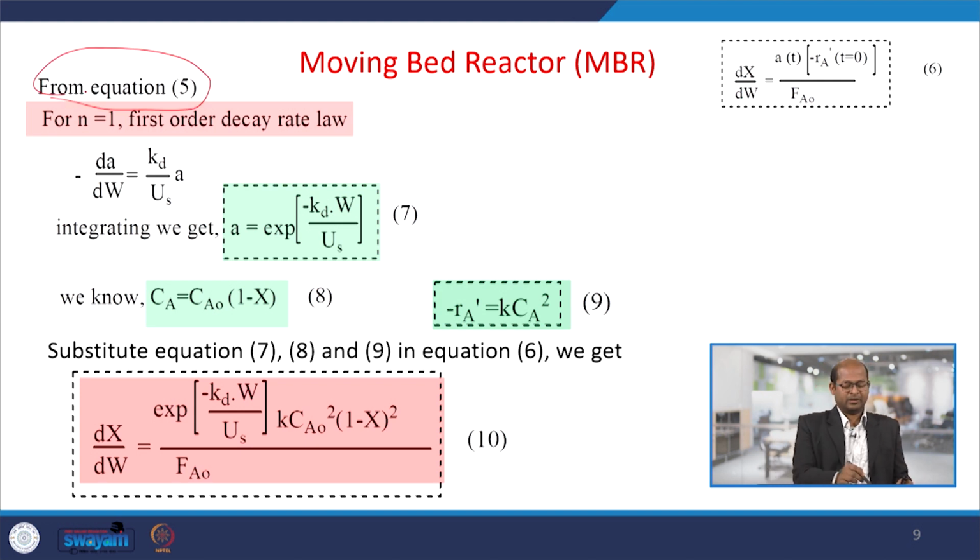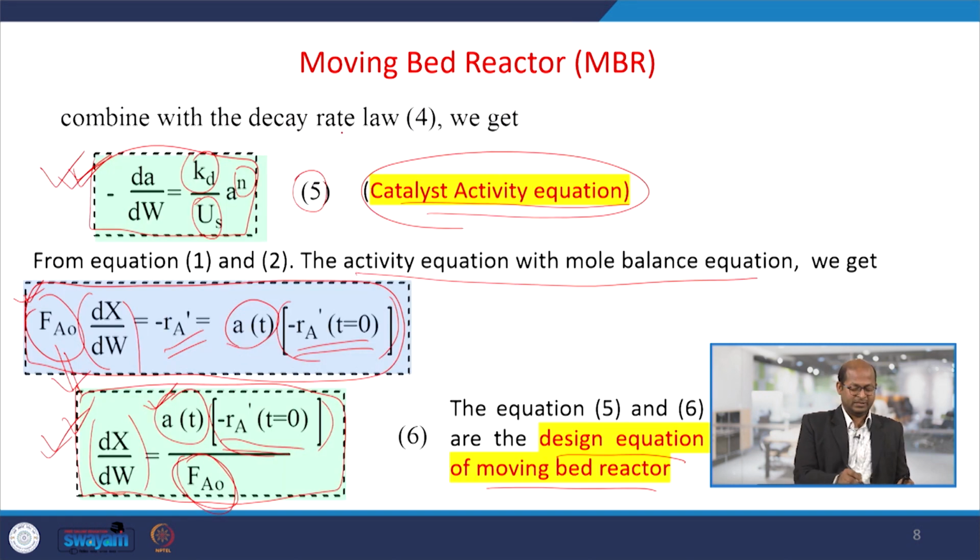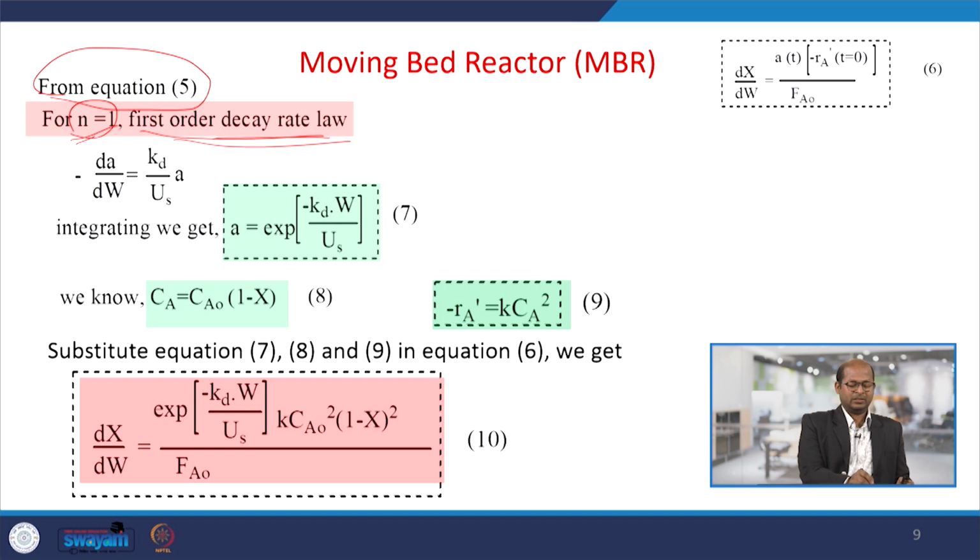See here, we are assuming a first order decay rate law. In equation 5 the n value we do not know, so in this case we assume n equals 1, and then the equations are simplified for the first order decay rate law.